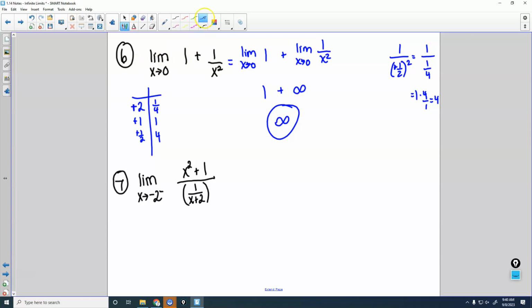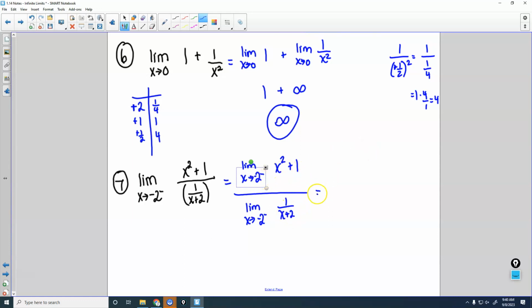All right, 7. I can do the limit of the top and bottom of this separately. So limit as x approaches -2 from the left of x squared plus 1 over the limit as x approaches -2 from the left of 1 over x plus 2.